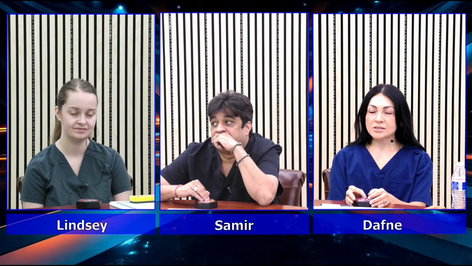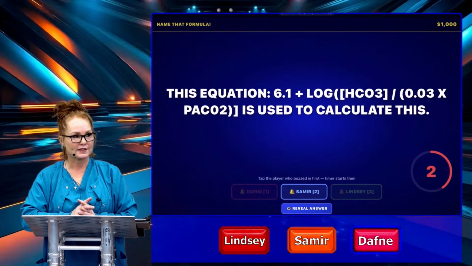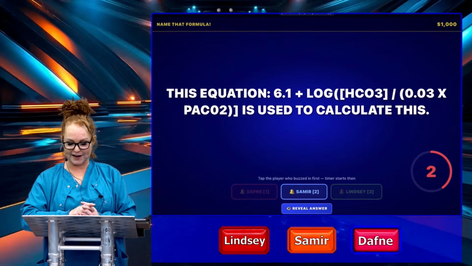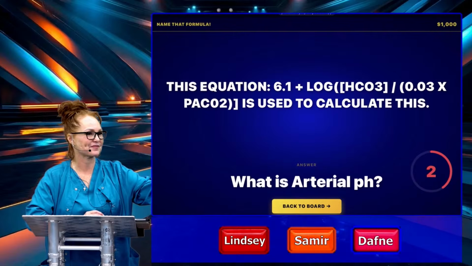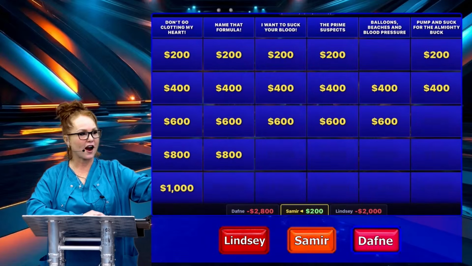That is incorrect. Daphne, DO2, delivery of oxygen? That is incorrect also. Samir? What is arterial pH? Anytime there's a log, it's pH. Back to the board. I knew that, but I wasn't sure.